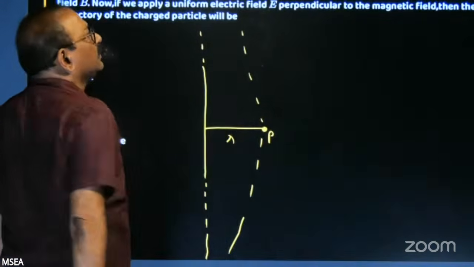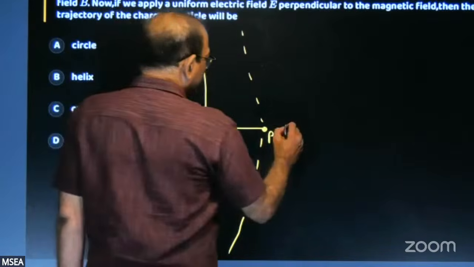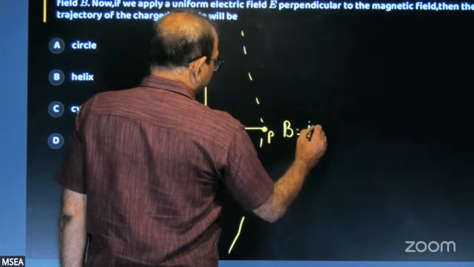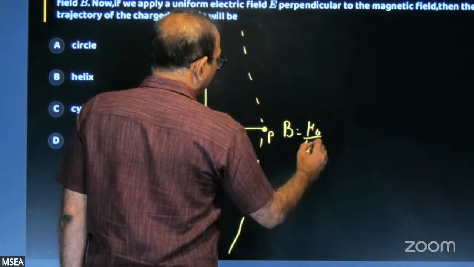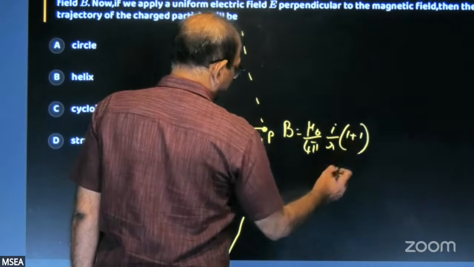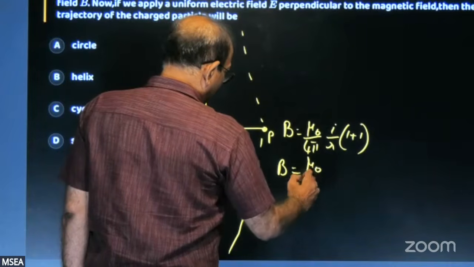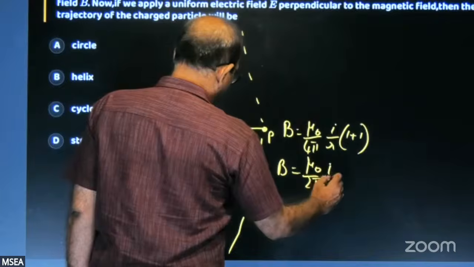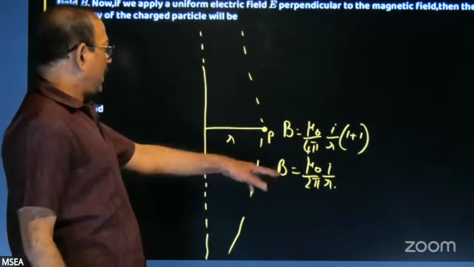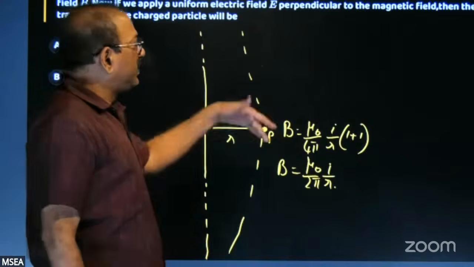Each angle, sine 90 plus sine 90, 1 plus 1, 2 you'll get. Magnetic induction is mu naught by 4 pi, I by r, into sine 90 plus sine 90, that is 2. The 2 cancels, and you will get mu naught by 2 pi into I by r. This is the magnetic induction because of an infinite wire.